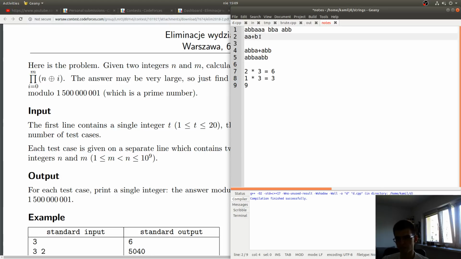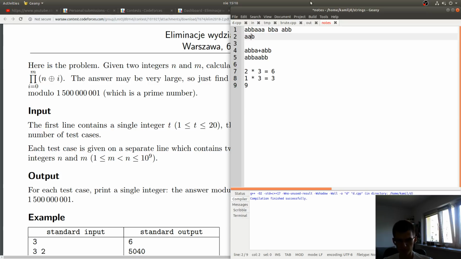So this is the logic, and how do we implement that? When we did those prefix sums, we said that in the first part we computed the number of occurrences of the small string for every prefix, and the same for suffixes. We can do the same actually for every part of the small string.